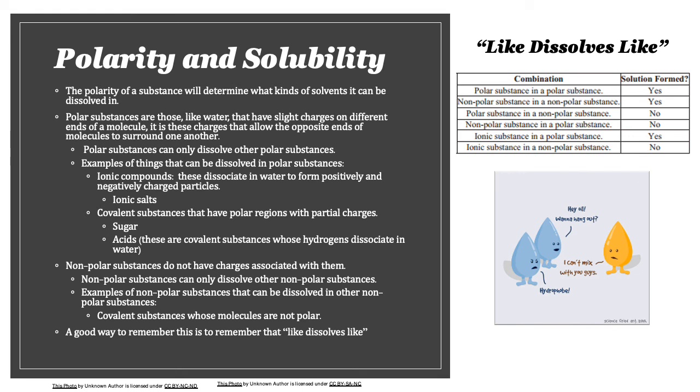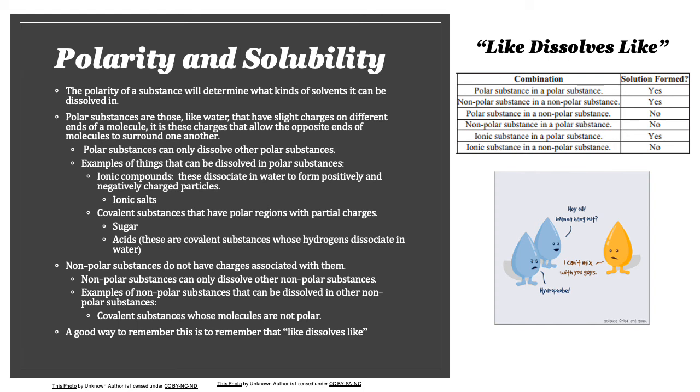Some examples of things that can be dissolved in polar substances are ionic compounds, and that's because these dissociate in water to form positively and negatively charged particles, and covalent substances that have polar regions with partial charges, so sugars. And acids also fall into this. Acids are typically classified as covalent substances.